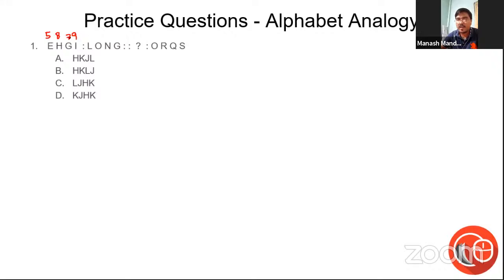So we have got 5, 8, 7, 9. Then L is 12, O is 15, N is 14, and G is 16. So we have to find out how this is related to this.